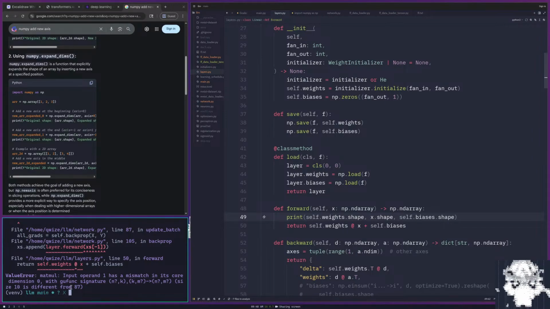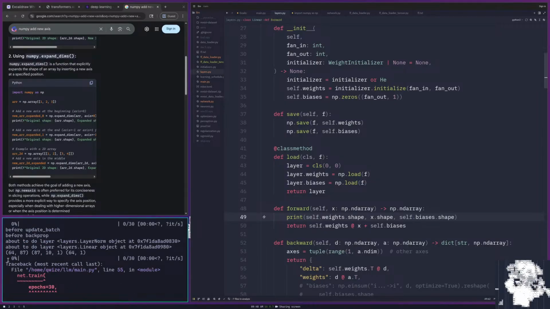Ten is different from 87, and the sizes are 64, 87, and 87, 10, 1. But shouldn't that work? Shouldn't this give a 64 by 10 by 1 result?